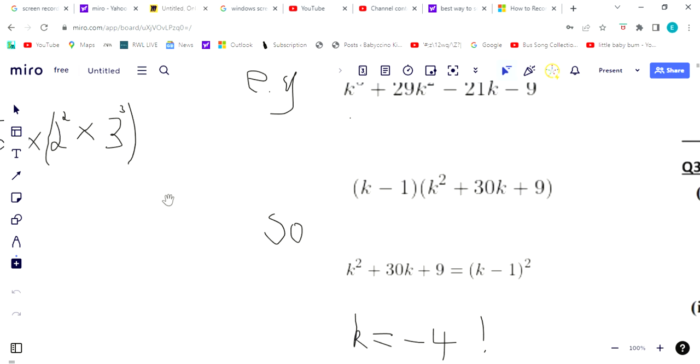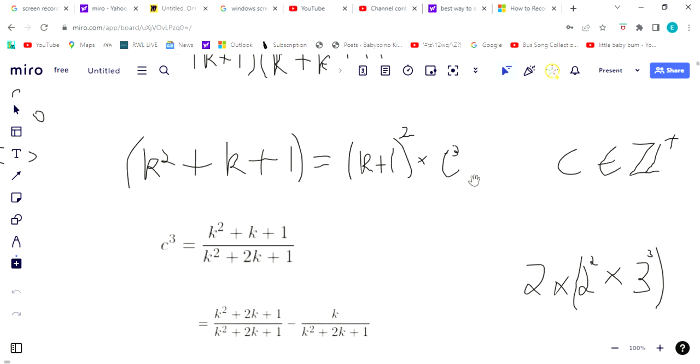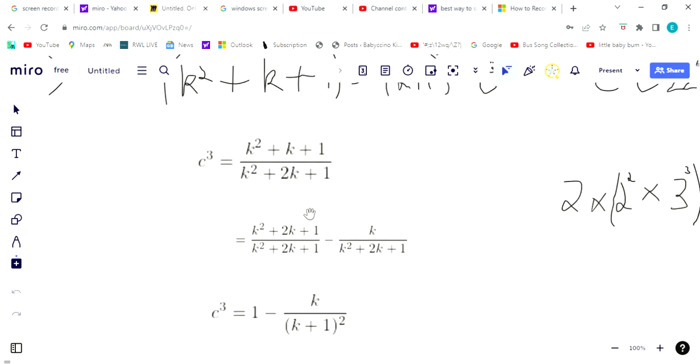Now, this is the way you'll handle a c cubed, just to show you how you'll handle the question after introducing the c cubed. This is what I did anyway. I did, okay, so c cubed equals that divided by that. Sorry, it's so annoying using a Windows computer. But okay, so that divided by that is c cubed. You can do a bit of jiggery pokery with the first term.